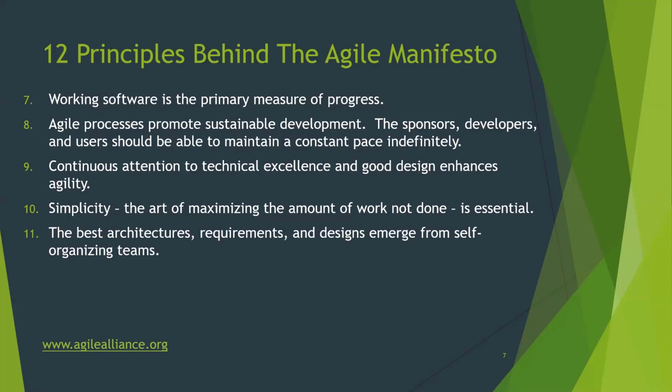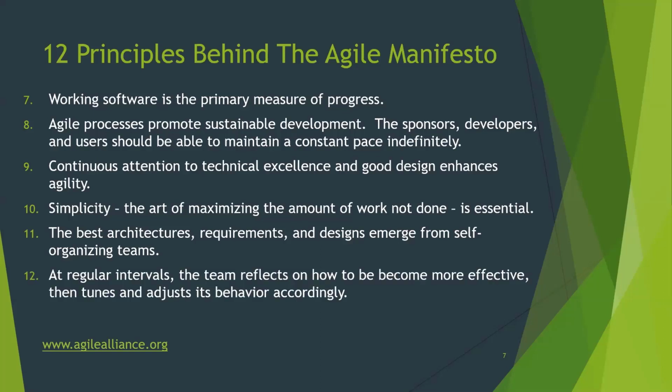Only the best architecture, requirements, and designs emerge from self-organizing teams. And then the last principle is that at regular intervals, which is the sprint approach that I talked about, the team reflects on how to become more effective and then tunes and adjusts for the next sprint cycle so that they can do things better, more efficiently, and more effectively throughout the course of the project.